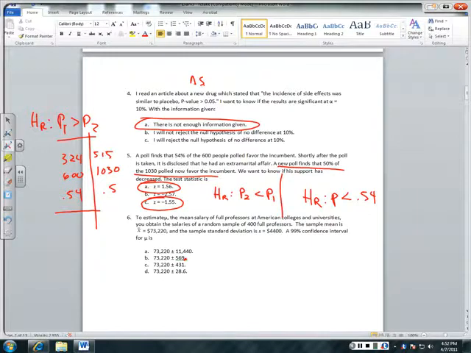And so if you did that, then you would do a one sample z-test, and in your calculator you would put just this as your only sample, 515 out of 1030, and your H0 would be 0.5. And if you do that, you're going to come out with minus 2.57.